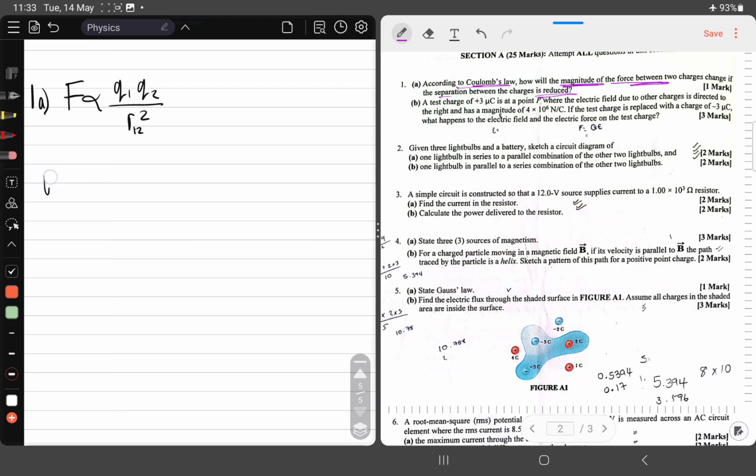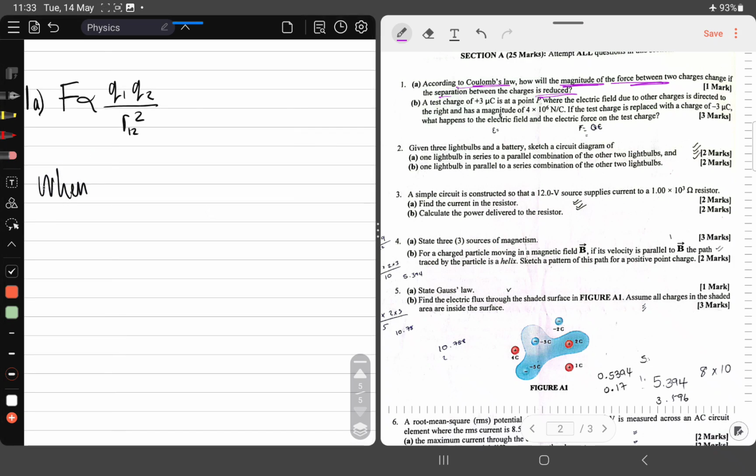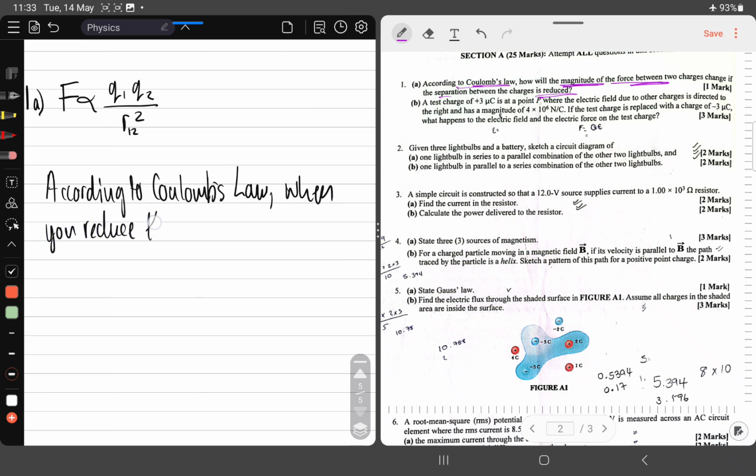Okay, so according to Coulomb's law, when you reduce the separation between the two charges, then what happens to the force?